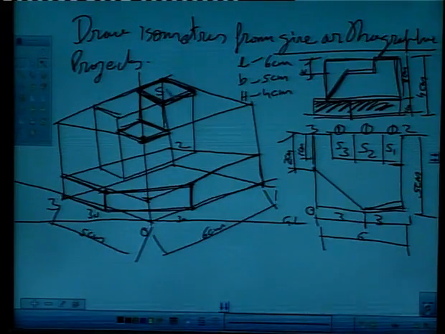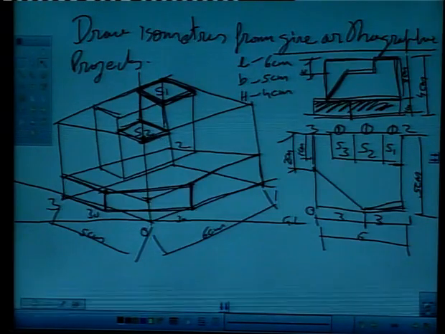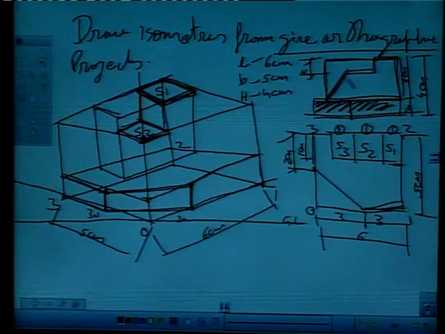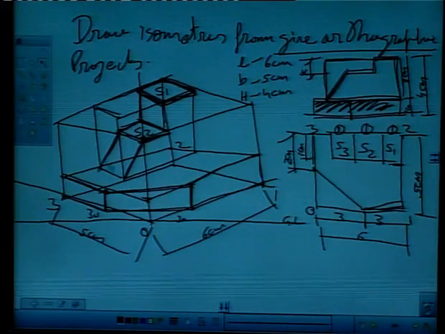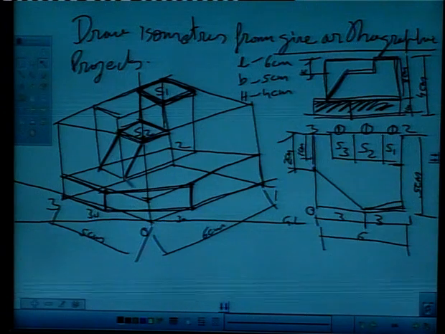This is S1 surface, this is S2 surface, right. So, as it is clear from elevation that it is an inclined surface, simply join these points with this. Right.